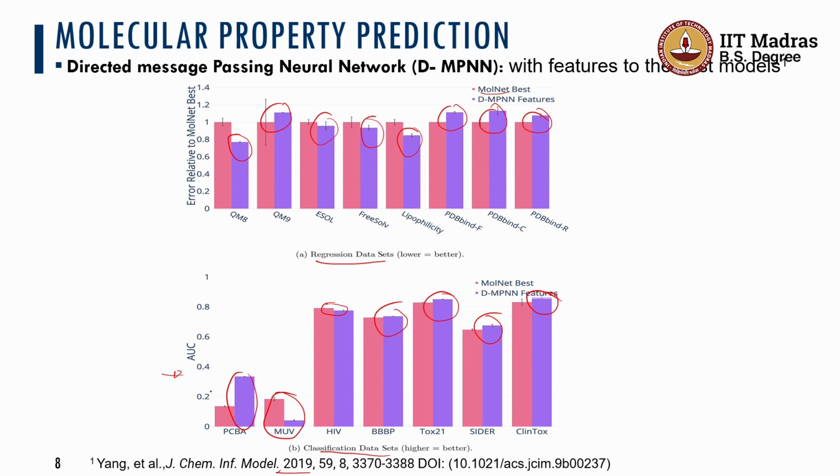It definitely provides better feature engineering. And also, in future, different formulations of graphs can be used to outperform DMPNN or other models for property prediction.